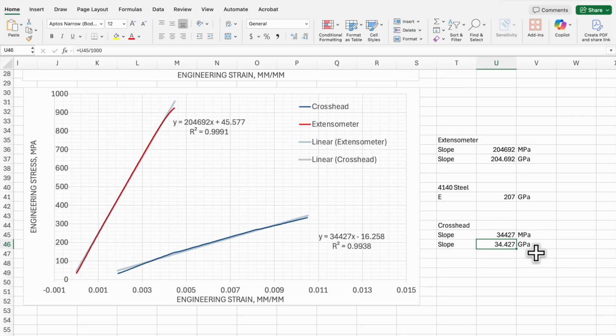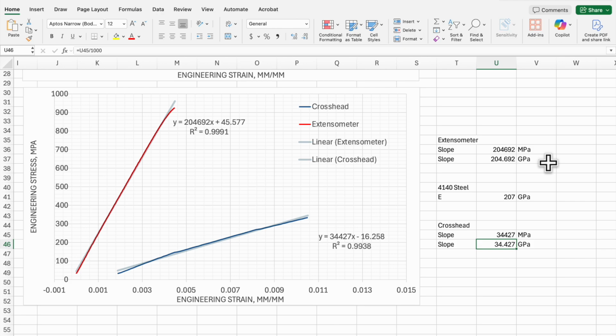For the crosshead, you see that 34 gigapascals is nowhere near 207. In fact, it's close to an order of magnitude lower than our expected value. This might be the value that you got when you personally did this and wondered, why is my value so low?